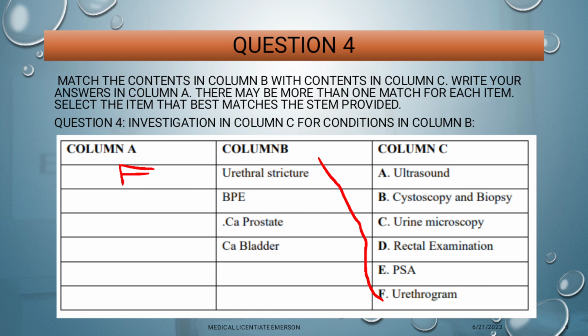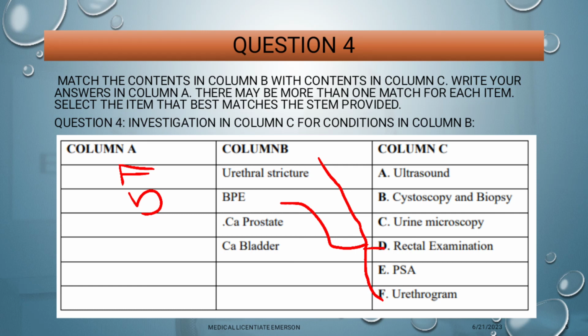Then BPE, which is benign prostate enlargement. For BPE, it's a rectal examination. And remember, rectal examination, that's D, it's BPE. There is a common misconception, and I think it is common practice now, especially in our setups, where if you do DRE and find that the prostate is enlarged, you go directly for hyperplasia and say BPH.